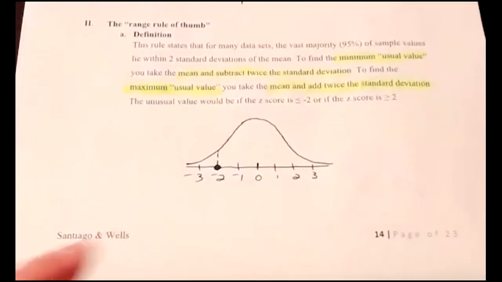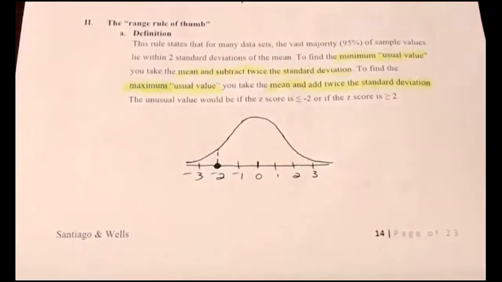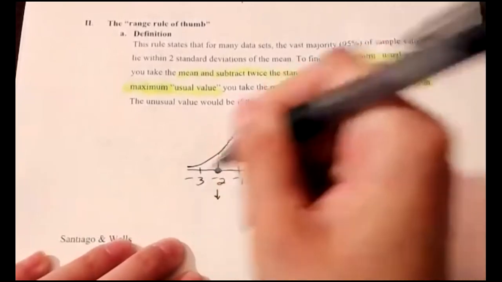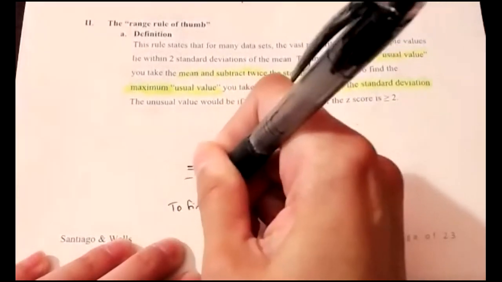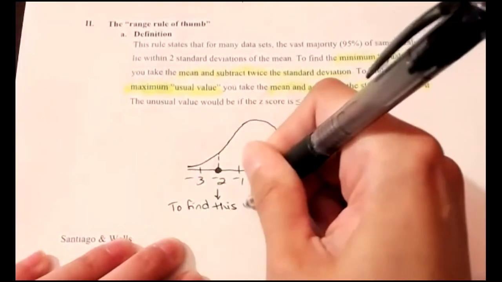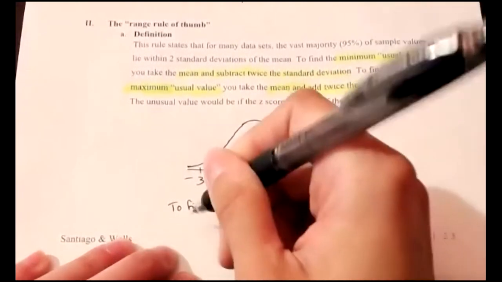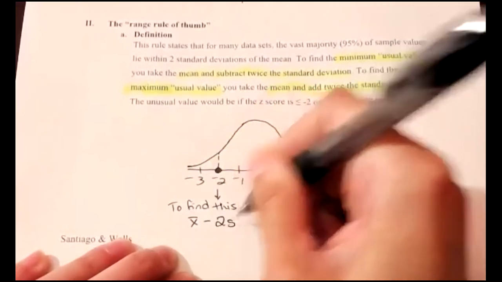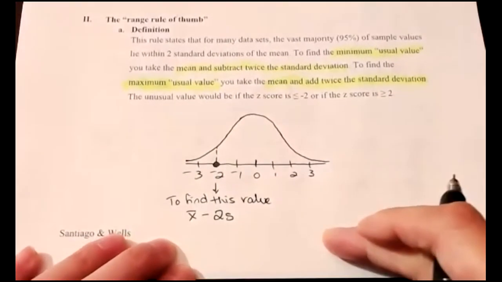Now, while that is a z-score of -2, to find the usual value, you actually have to do the math. So to find this value, you would take your mean and subtract twice the standard deviation.